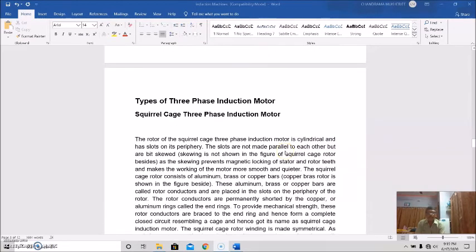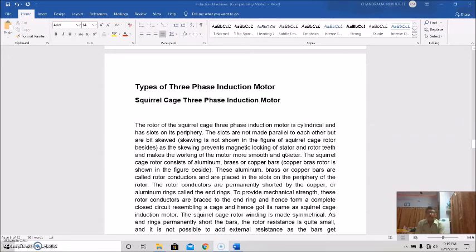Okay. Now we'll talk about types of the three-phase induction motor, that is, the squirrel cage three-phase induction motor. During our earlier discussions of the three-phase induction motors, we said that depending on the type of the rotor, the motor is either squirrel cage or wound rotor, or slip ring rotor motor.